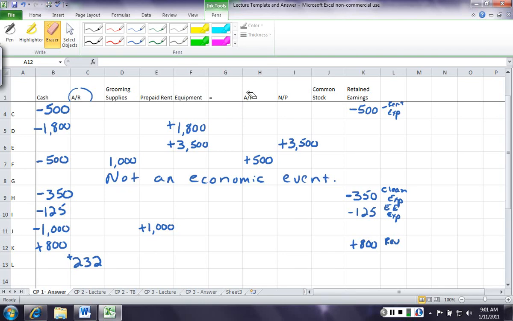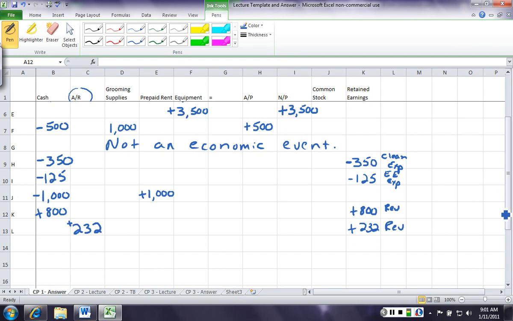Accounts receivable will be customers, accounts payable will be suppliers or vendors. So this is another $232 increase in retained earnings for revenue. We have now completed all the transactions.